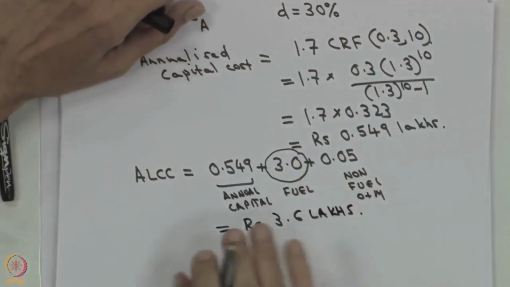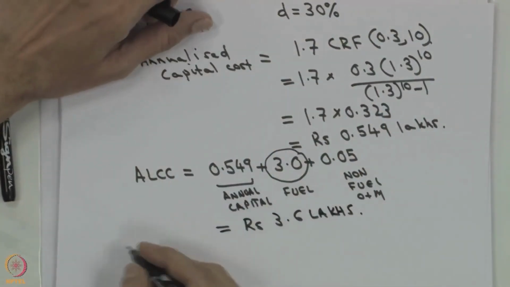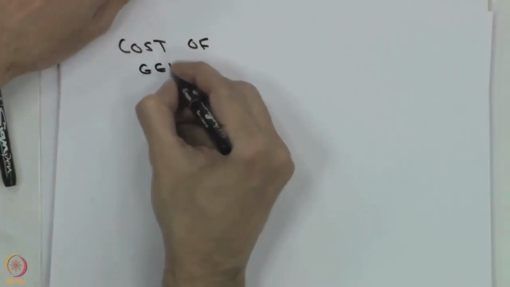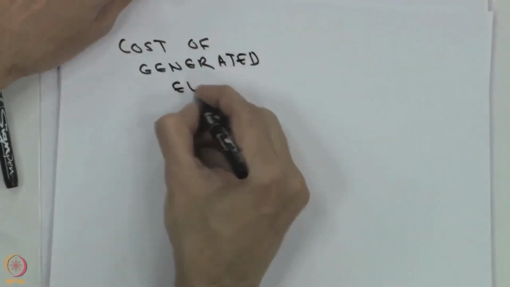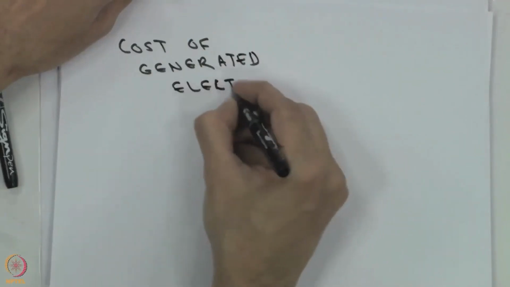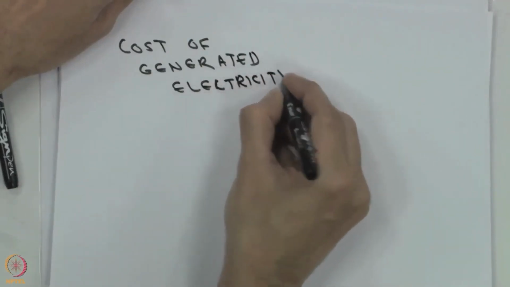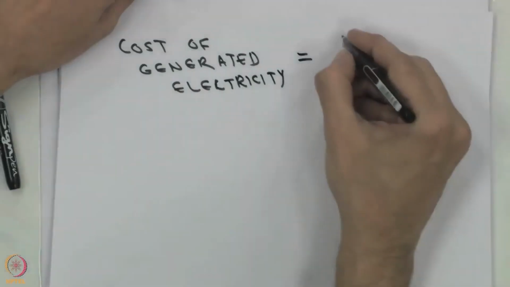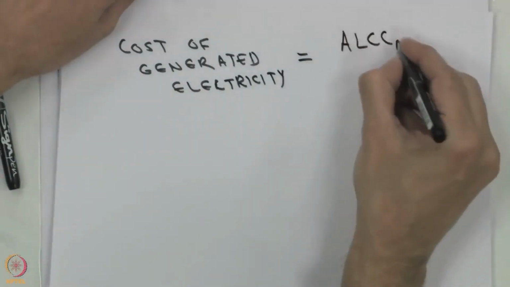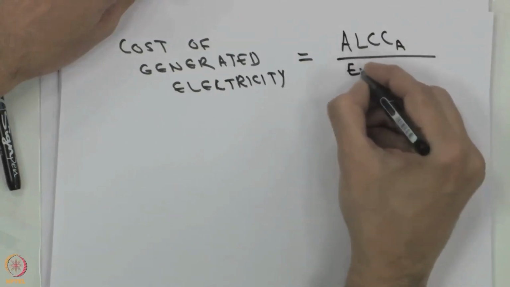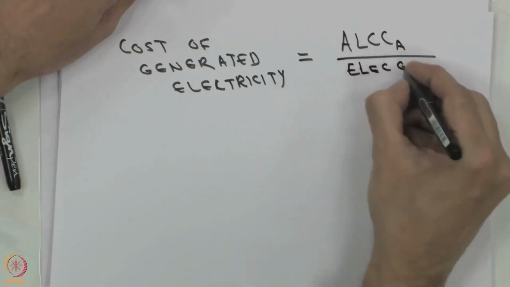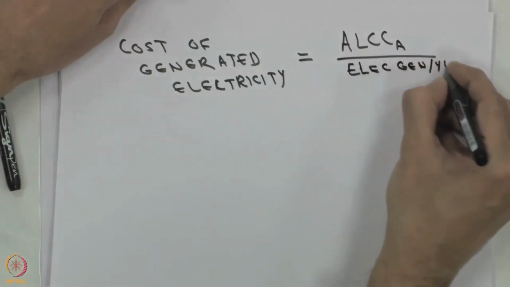Now, for the cost of generated electricity, we take the annualized life cycle cost, ALCC, divided by the annual electricity generated per year.